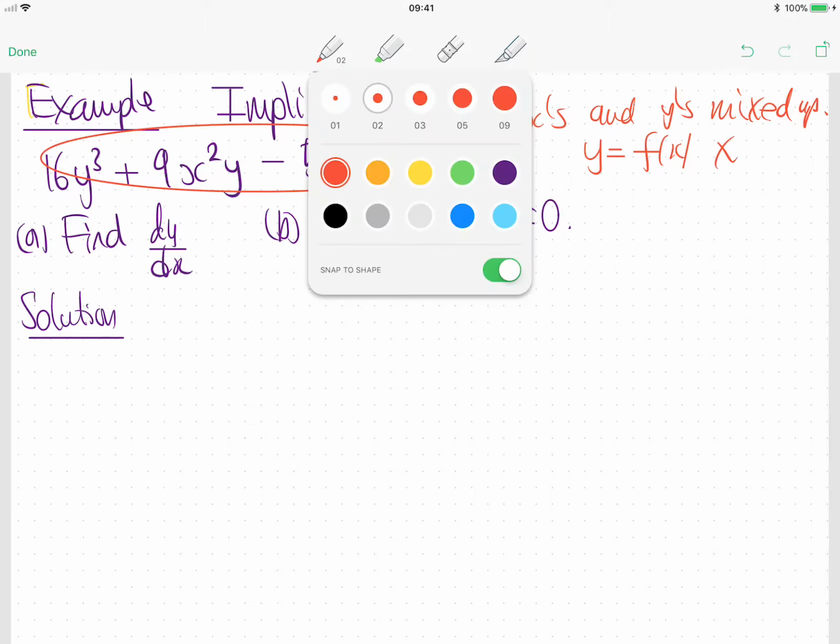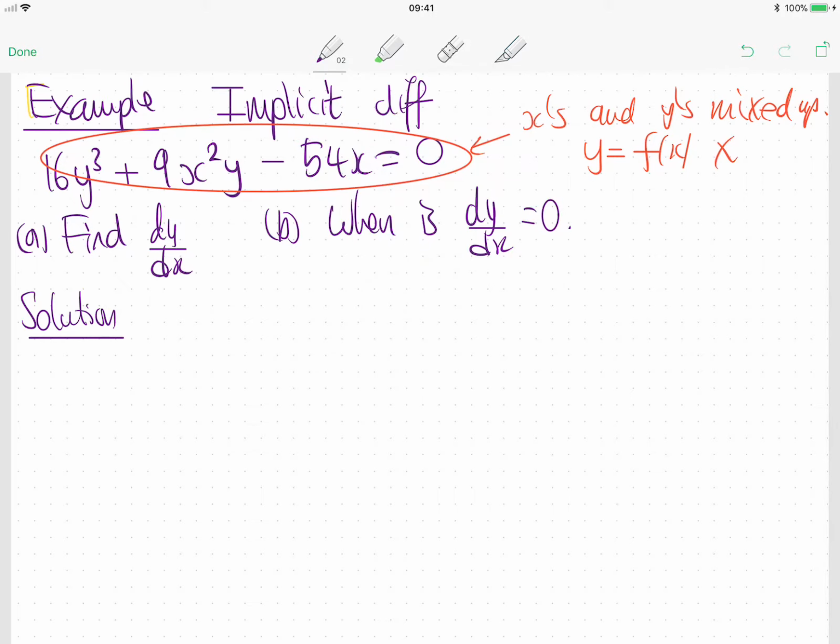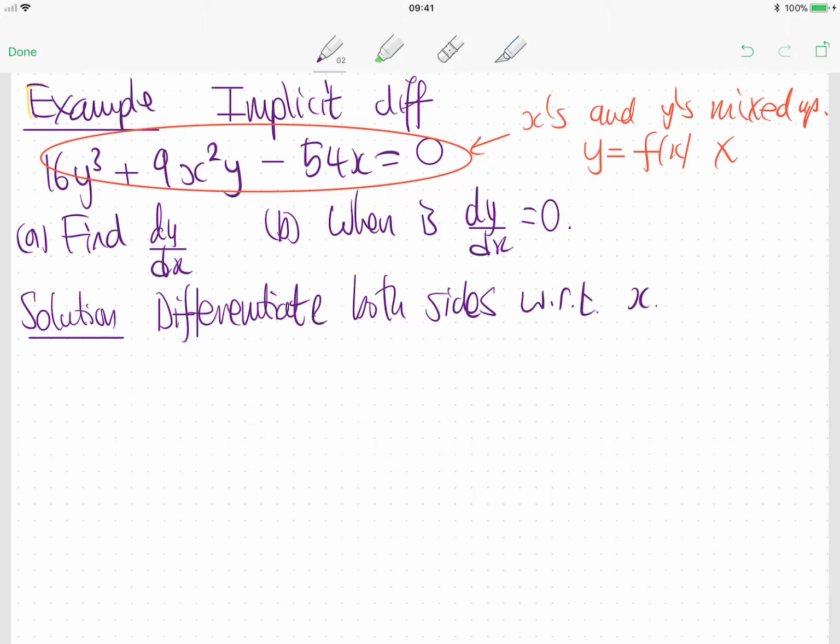It's all mixed up together, and we should know the approach for finding dy dx in this situation, which is to just differentiate both sides with respect to x. And we need to remember that y just contains lots of x inside it.